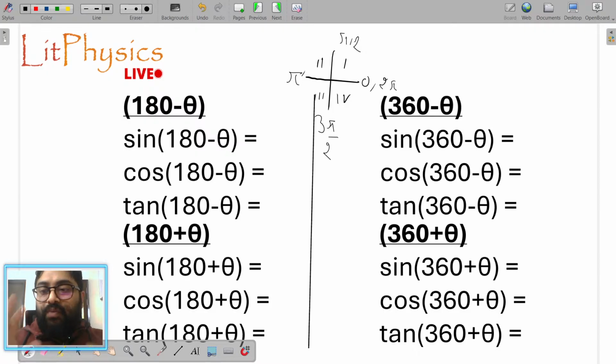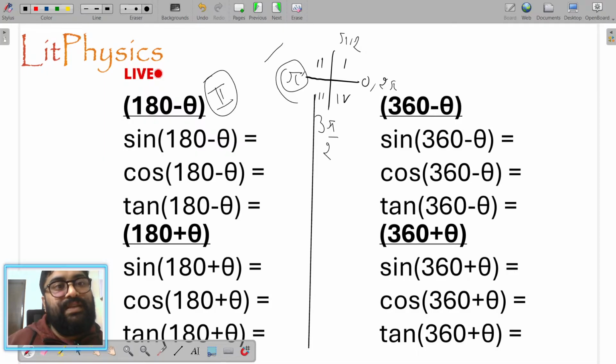When we talk about 180 and 360, we don't convert sine to cos, cos to sine, tan to cot, cot to tan. So 180 minus theta: 180 is pi, so pi minus theta, we are in the second quadrant. In the second quadrant, what is positive? A, S, T, C, so S is positive.